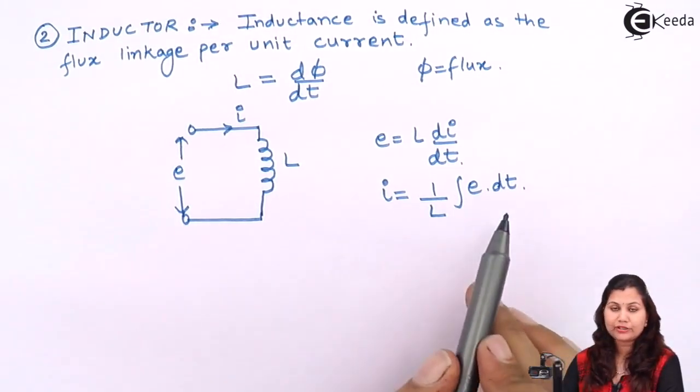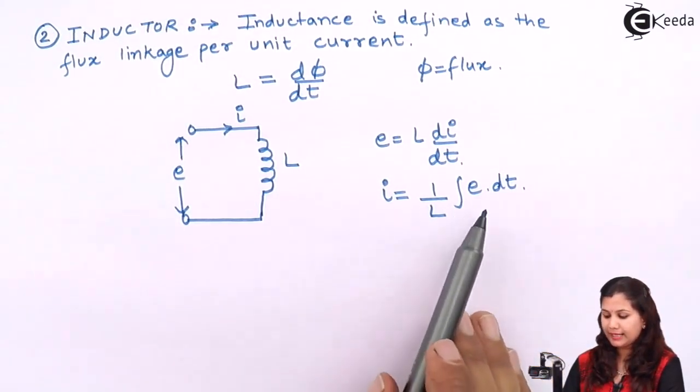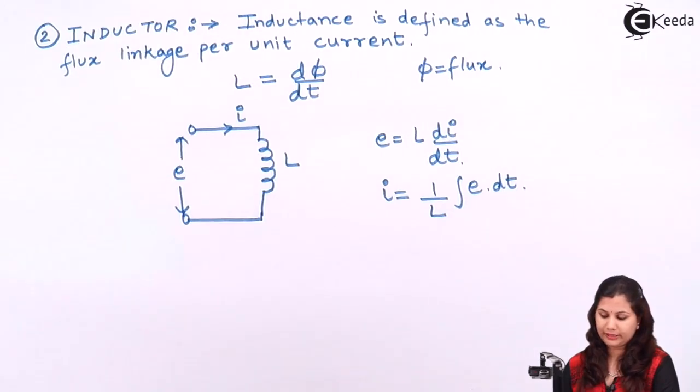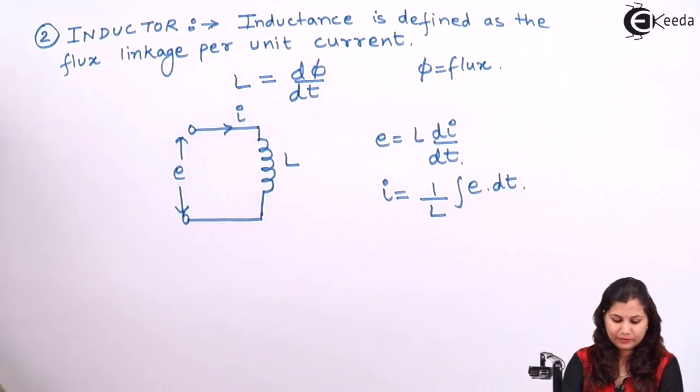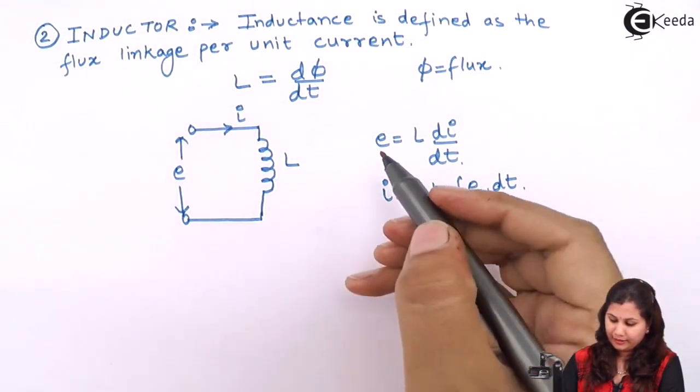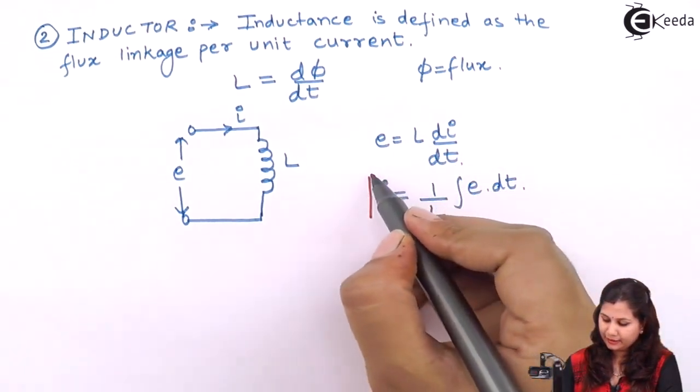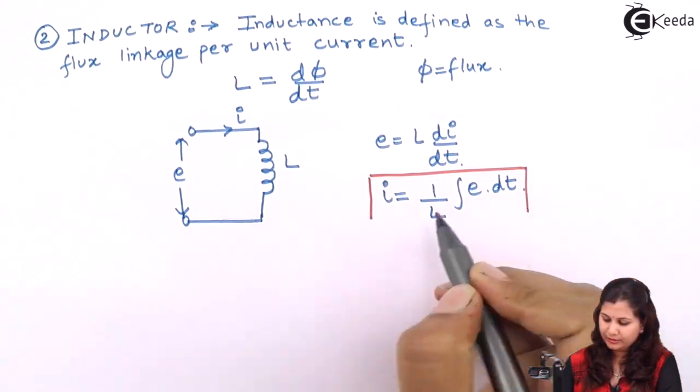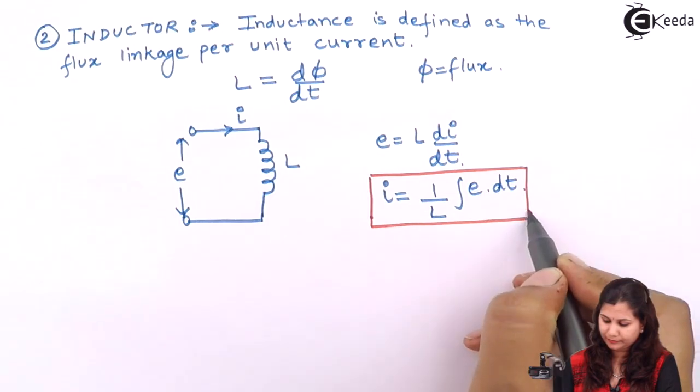This is the relationship between the current and the voltage drop across the inductance, and in this way we can represent an inductor in an electrical system.